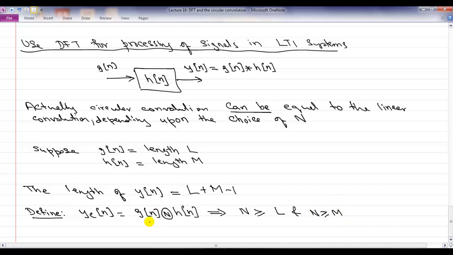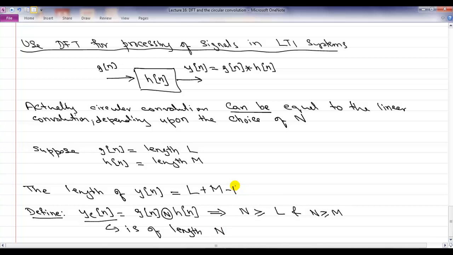But in general, if we just satisfy this condition, then we are not going to get Ycn equal to Yn, because Ycn is of length n. So circular convolution is of length n and my linear convolution is of length L plus m minus 1. So just satisfying the condition n greater than or equal to L and n greater than or equal to m is not going to make them equal.